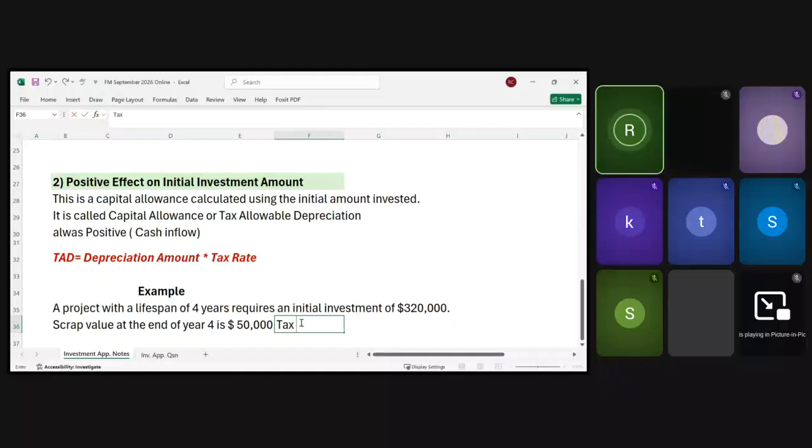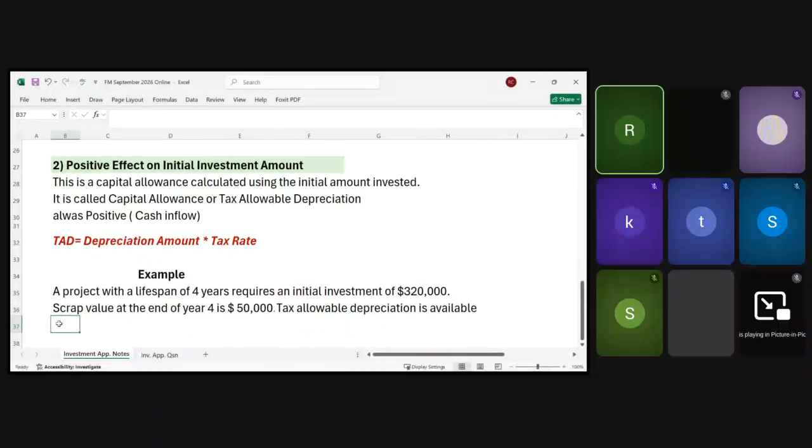Tax allowable depreciation is available at 25% reducing balance depreciation method.